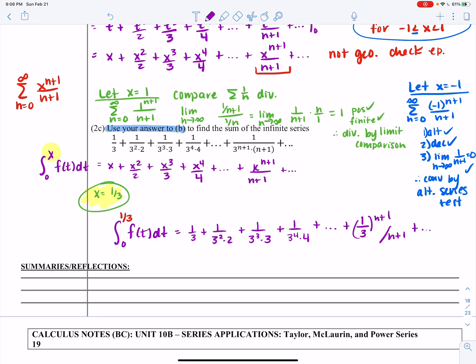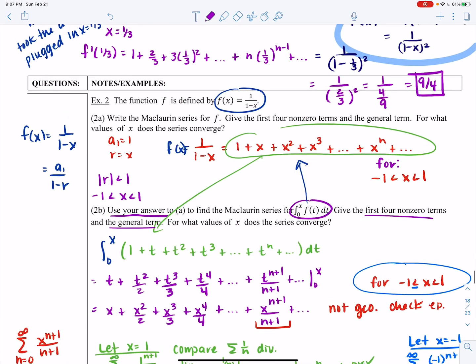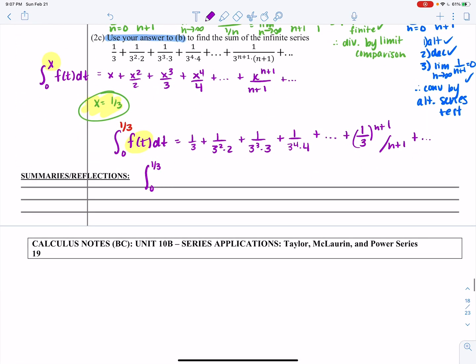Okay, well, what is f of t? What actually is f of t? Well, let's do that. Integral from 0 to 1/3. Go back up to the original. Notice f of x is 1 over 1 minus x. So let's substitute in 1 over 1 minus, instead of x, let's put a t there, dt. Can I take that antiderivative?